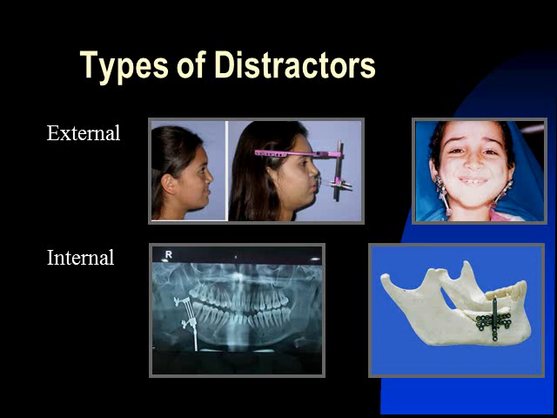But at first it was large devices that were applied extraorally above the skin by attaching rods penetrating the skin into the bone, and we still have some external devices that are used for large distraction movements, or in the cases in which we need extra force to be able to pull the osteotomized segments anteriorly, like in patients with cleft, in which there is scarred soft tissue that limits the movement.